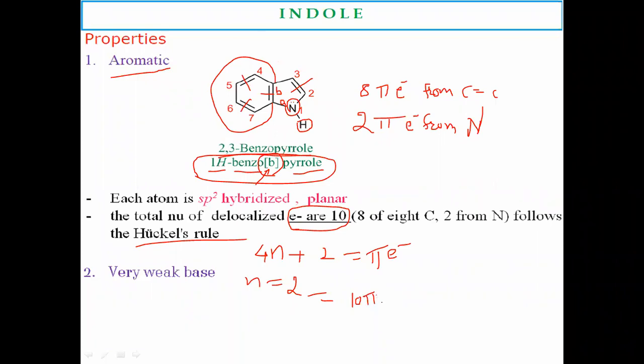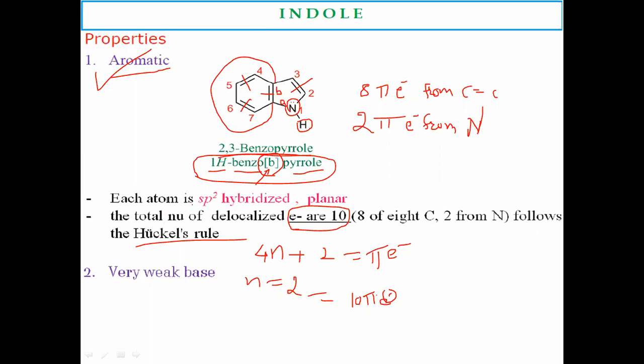So indole is aromatic in nature. It passes all the criteria of aromaticity: cyclic in nature, alternate single double bonds, and it obeys Huckel's rule. On that basis, this indole, or benzopyrrole, shows aromatic character.